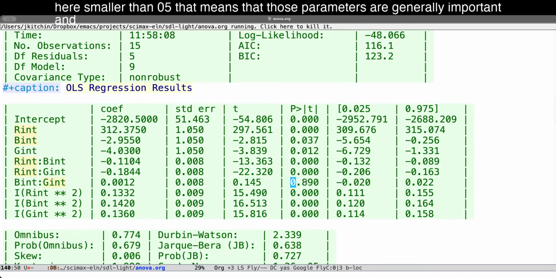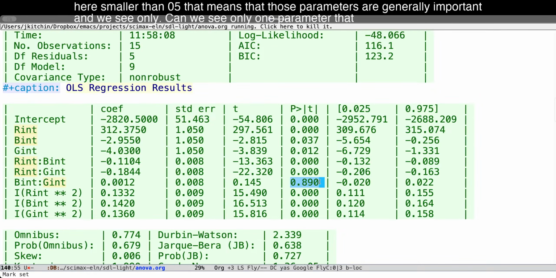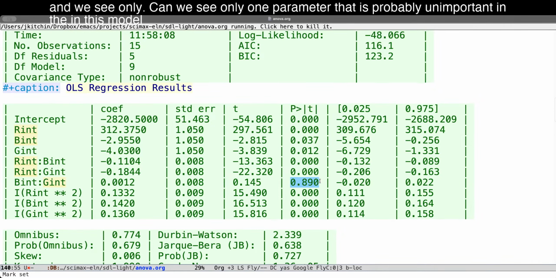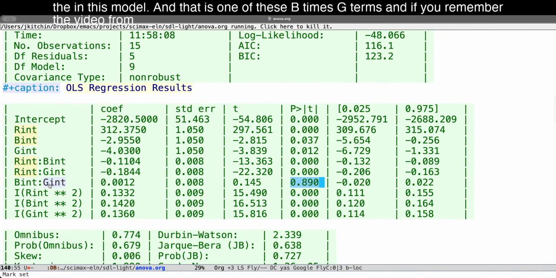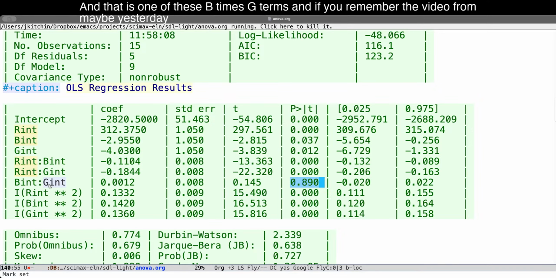We see only one parameter that is probably unimportant in this model, and that is one of these B times G terms. And if you remember the video from maybe yesterday, the dependence of the R channel on B and G was pretty minimal.